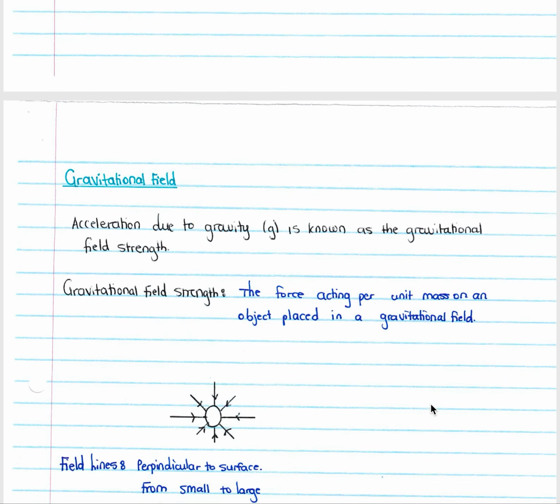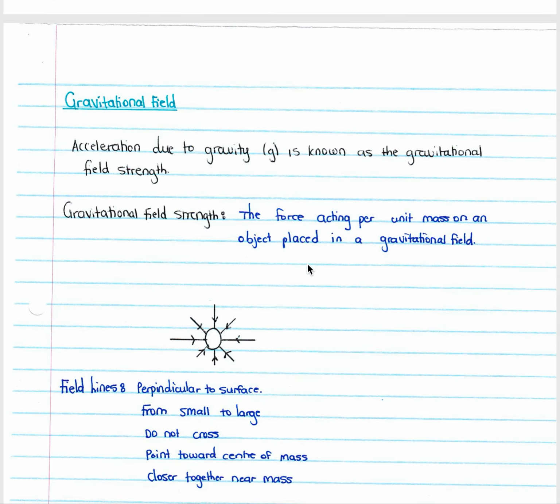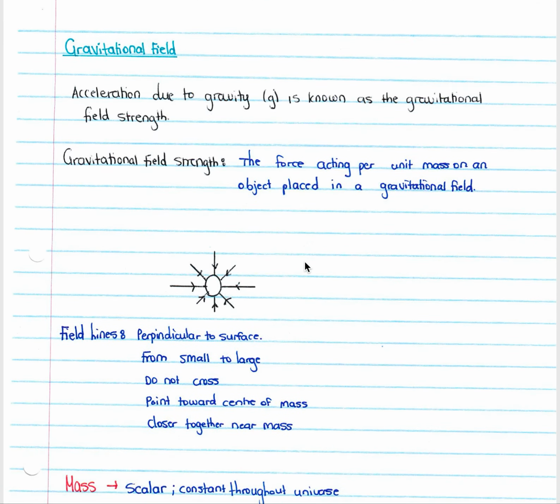We look at gravitational fields. Your acceleration due to gravity, g, as we've said, is known as the gravitational field strength. Your gravitational field strength is defined as the force acting per unit mass on an object placed in a gravitational field. When you are asked to draw a gravitational field, your field lines must be perpendicular to the surface of your object, as we can see here.